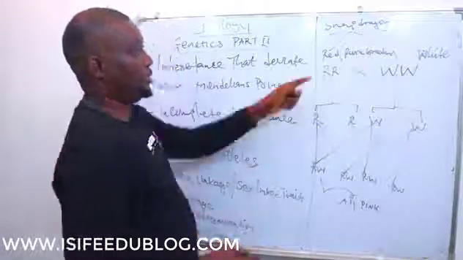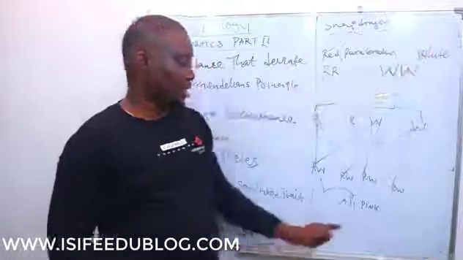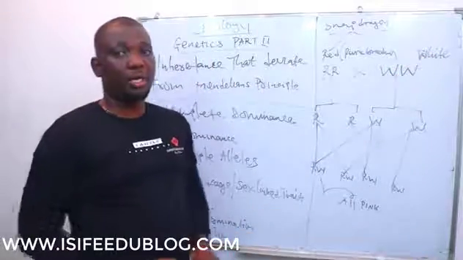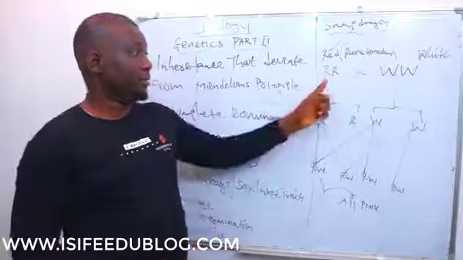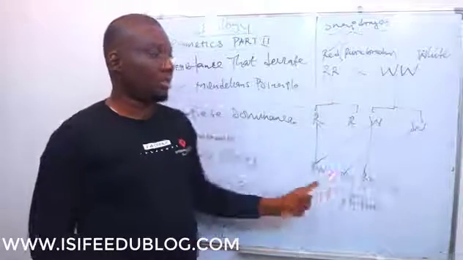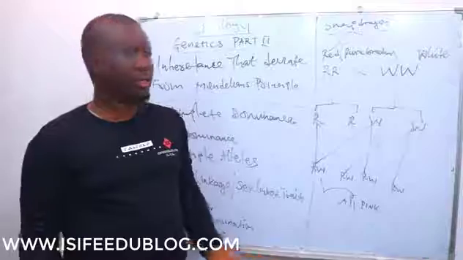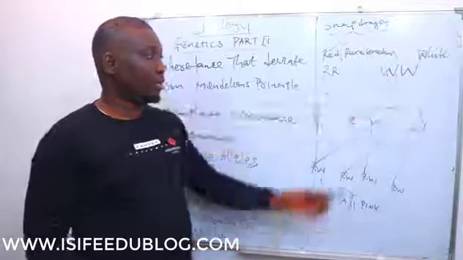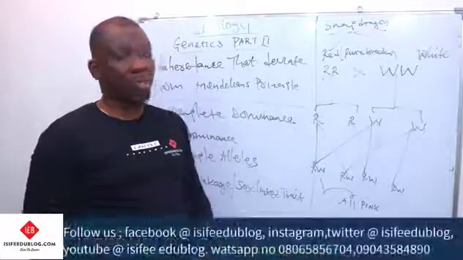Okay, you are crossing a red variety and a white variety, and now you see the offspring are all pink. In the law of dominance, if red is dominant, all offspring here will appear red. If white is dominant, all offspring here will appear white.